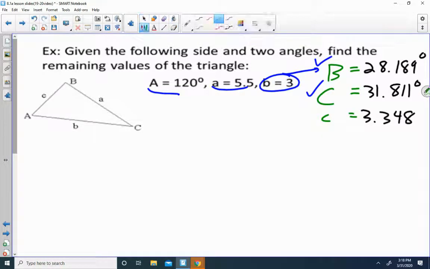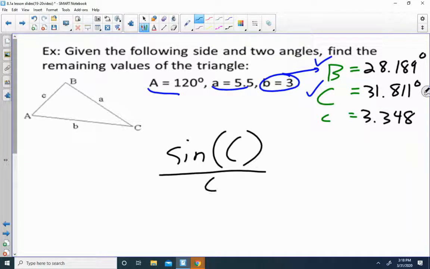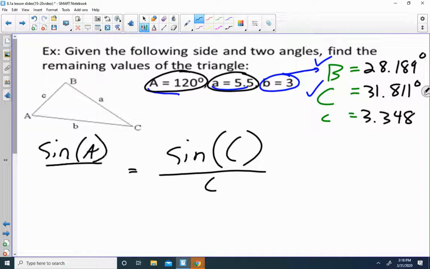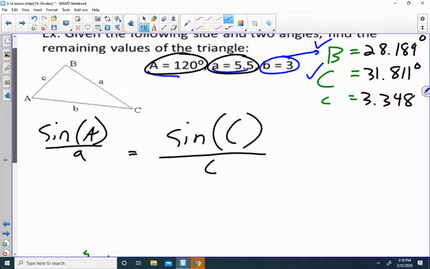So in this case, since I'm finding little c, I'll use sine of c over little c. And I'm going to go ahead and use my pair to help solve. So sine of big A all over little a.